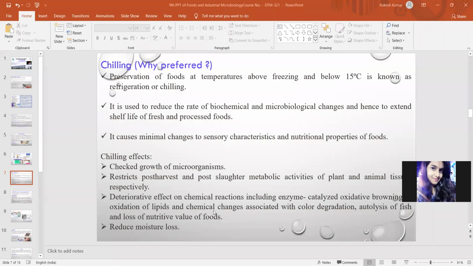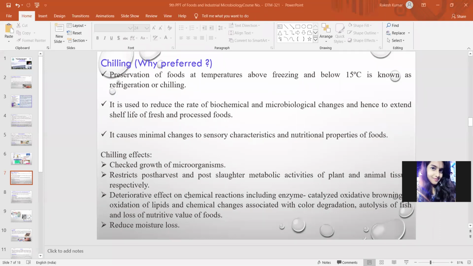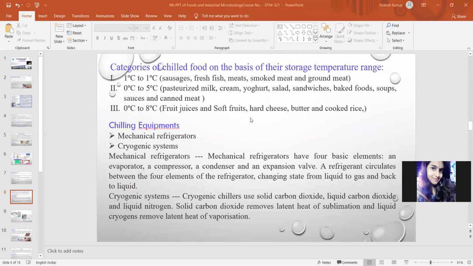So for restricting all these undesirable effects in a food item, you have to recommend to industry people to immediately chill down the product and reduce moisture losses. If you keep your product at a high temperature, the internal moisture will ooze out and ultimately affect the overall quality or acceptability of that particular product.